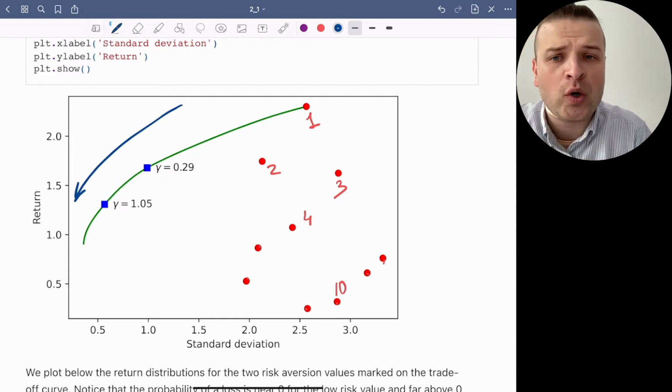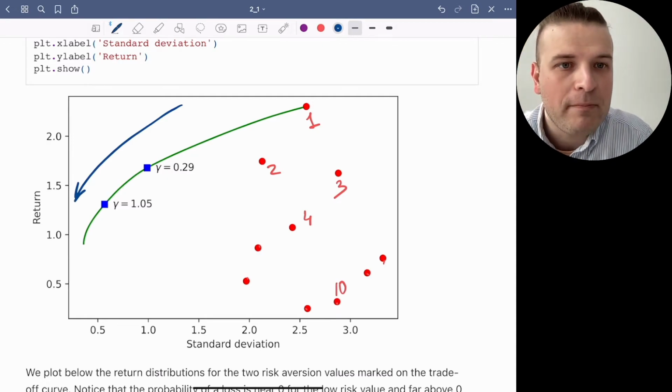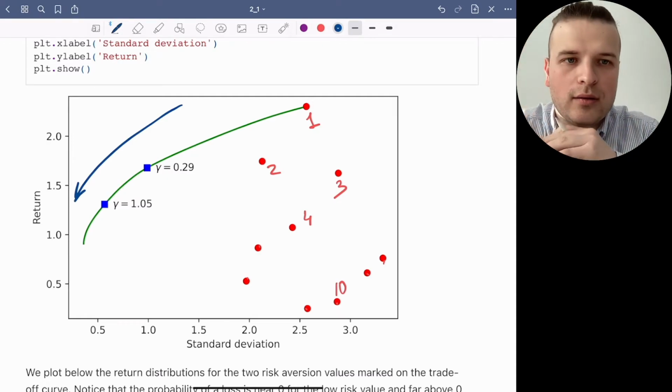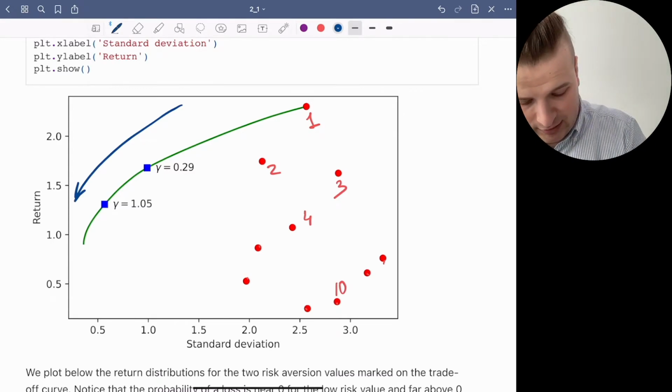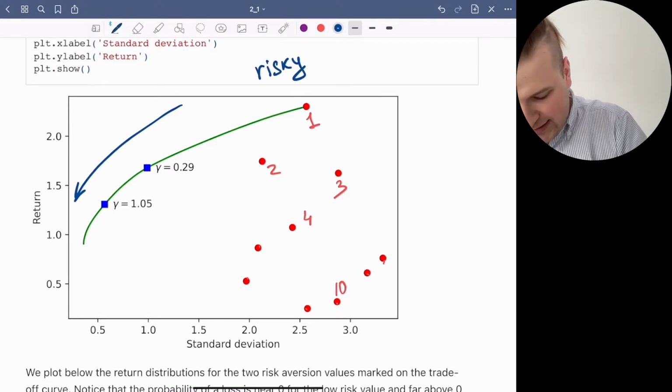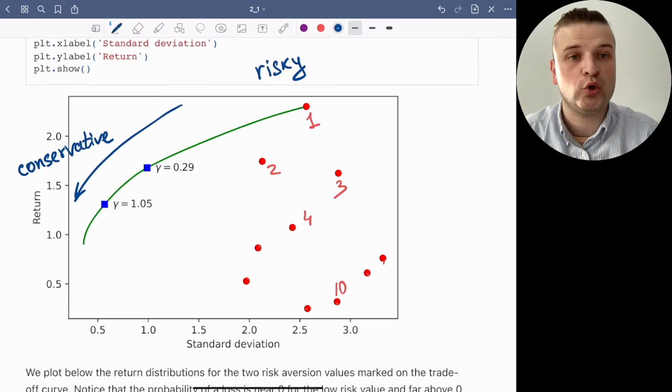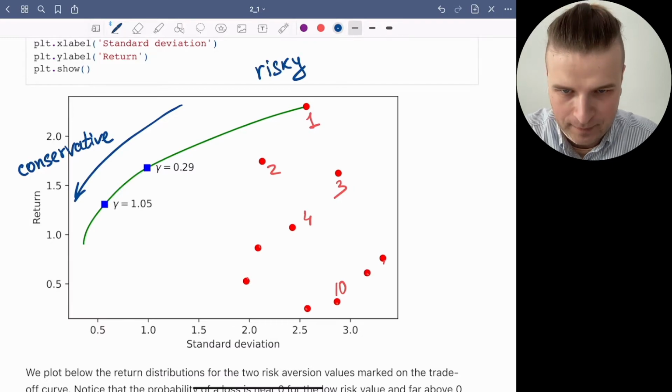The lower values of gamma, as we said, mean good tolerance to the risk, which means that here we are risky guys, here we are conservative guys, which means that we do not want to risk.